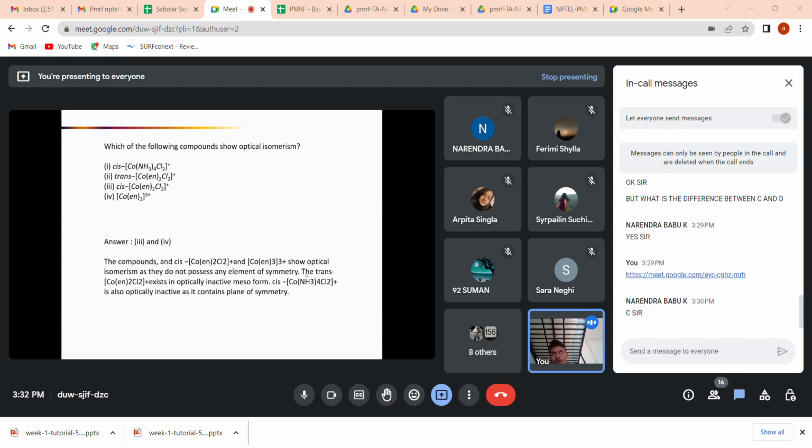In the trans one, there will be, I think, a D4h symmetry. There is also a C4 axis going from one chlorine to cobalt to chlorine, and in the first one also there is some symmetry. But if you see the next two complexes, the third and the fourth, you will find that they do not have any symmetry as such. So they do not possess this symmetry.